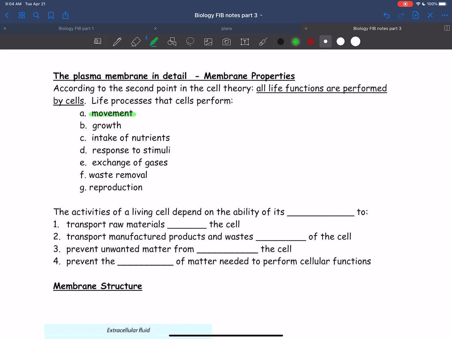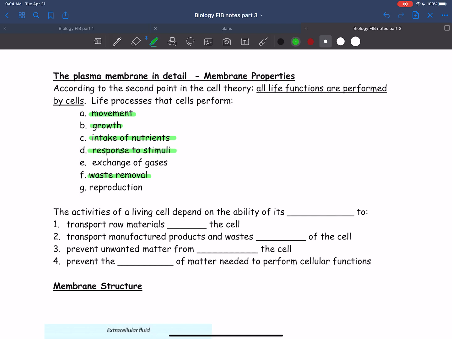Okay. Growth. The membrane will expand and allow the cell to grow so that it can take in more nutrients. The intake of nutrients, again, the cell membrane will allow certain materials into the cell and at the same time also materials outside of the cell. So intake of nutrients and waste removal are also part of that function.